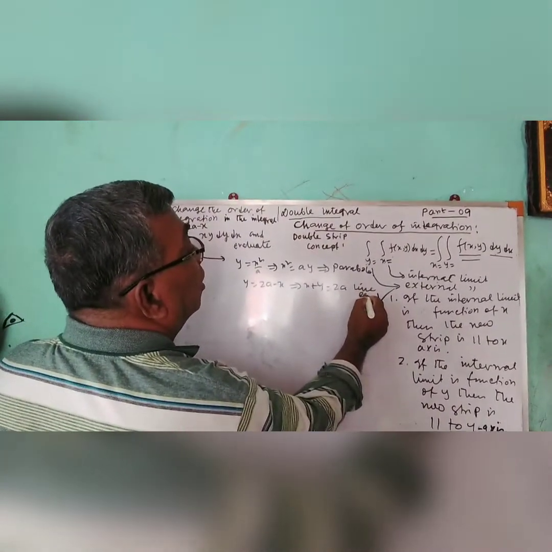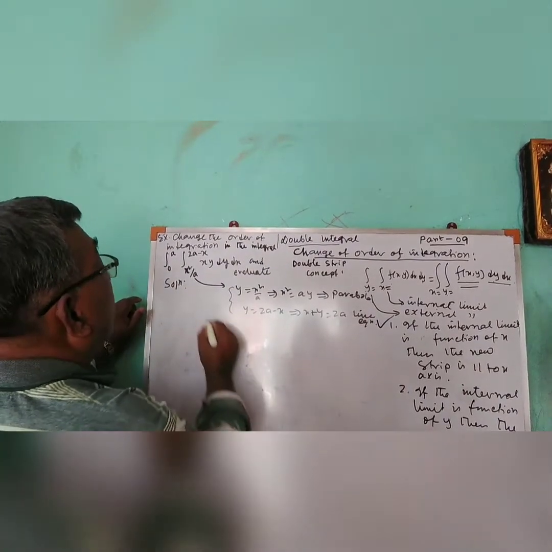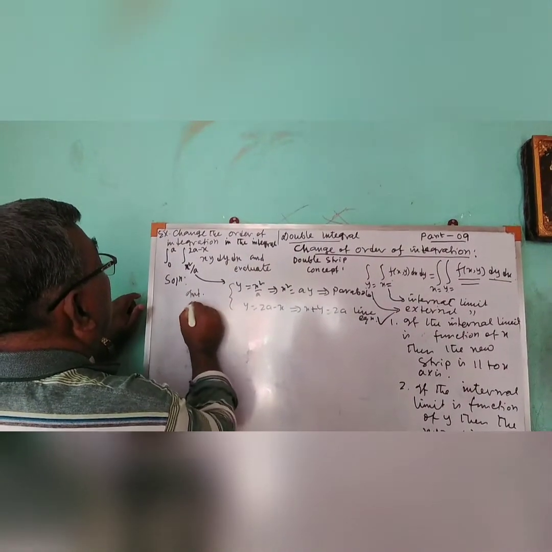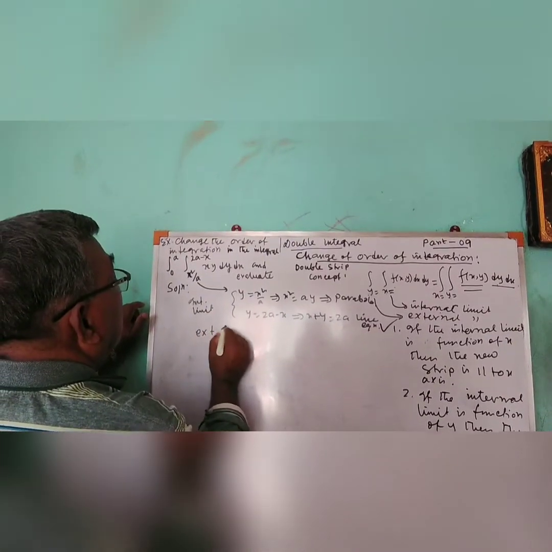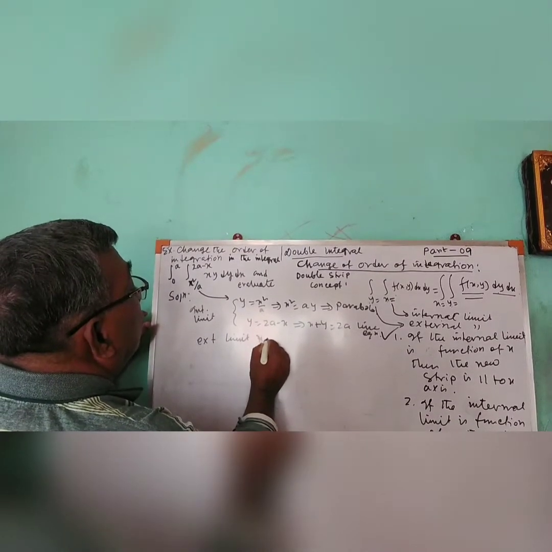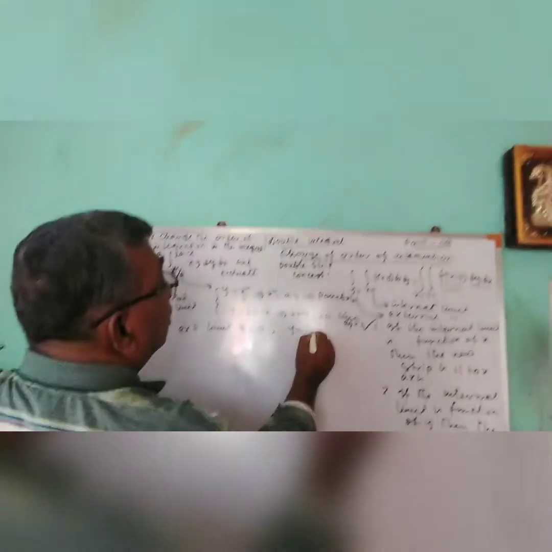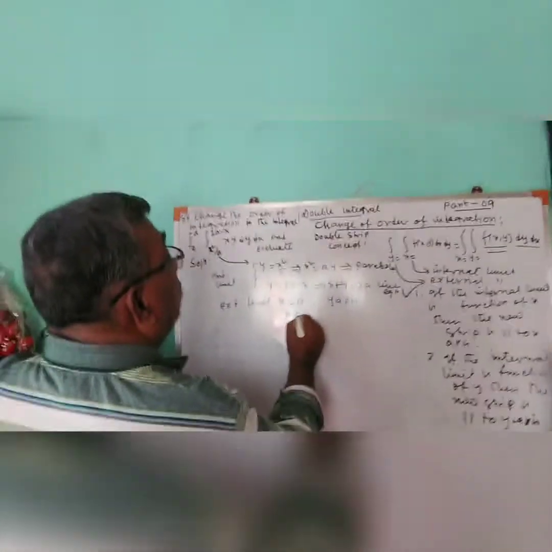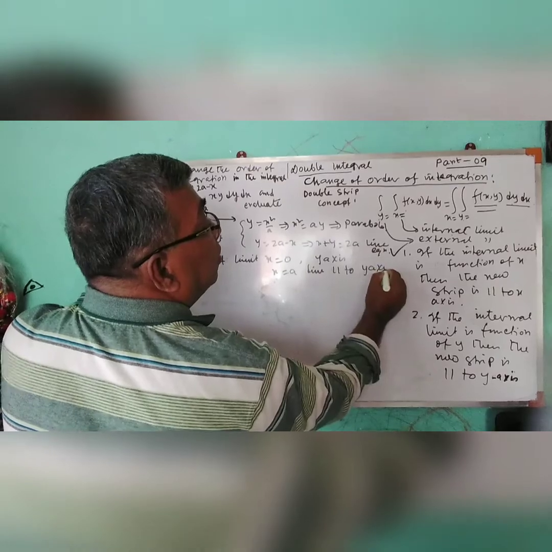This is from the internal limit. Now the external limit: x equal to 0, that is the y-axis, and x equal to a, a line parallel to the y-axis. This is very important.